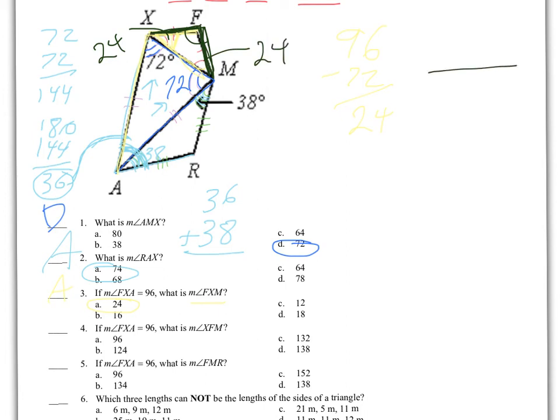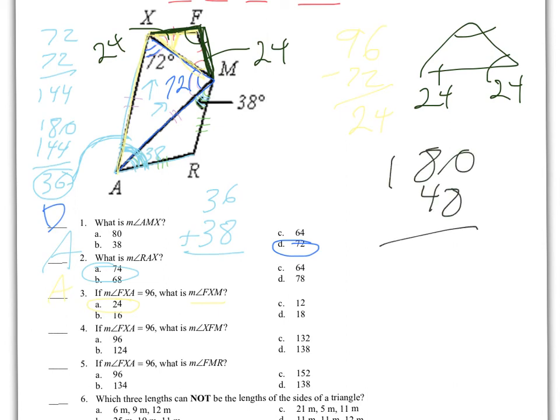So basically we have a triangle that has 24, 24, and we're looking for this angle right here. So we take 24 and 24 and add it up, which is 48. Subtract it from 180, which gives us 132. And that's the measure of XFM, 132, C.